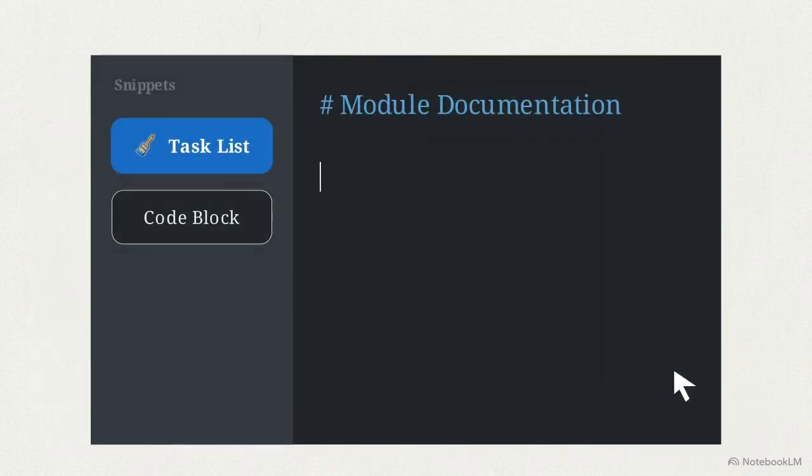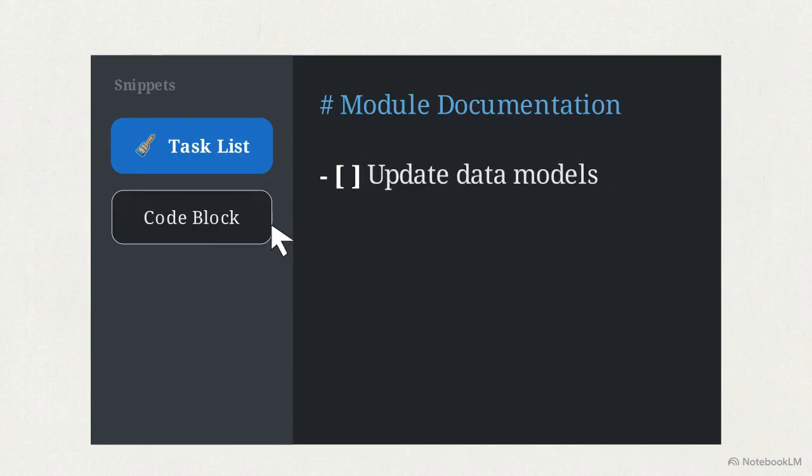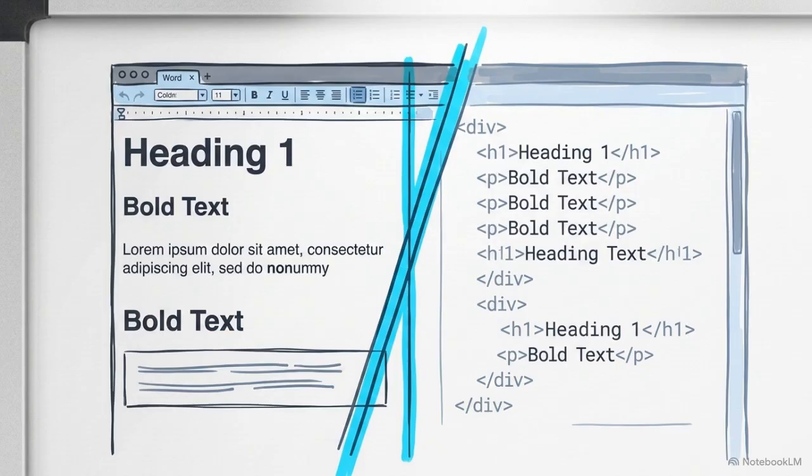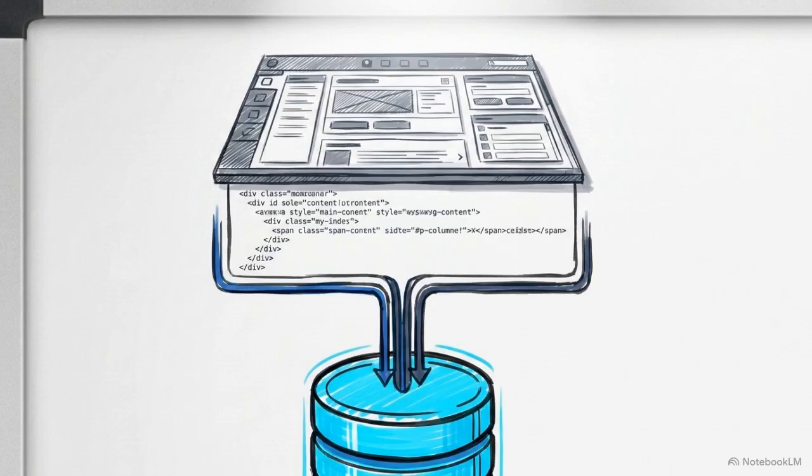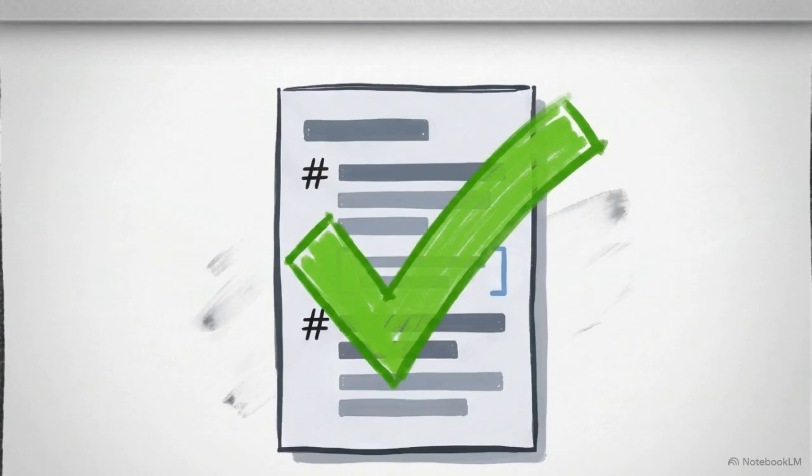A user clicks Task List in the sidebar, and the application instantly drops the exact bracketed syntax required for a checklist right at their cursor. Snippet injection provides the necessary illusion. It gives users the accessibility of a WYSIWYG editor, while allowing the application to generate the strictly formatted raw code required for the database.